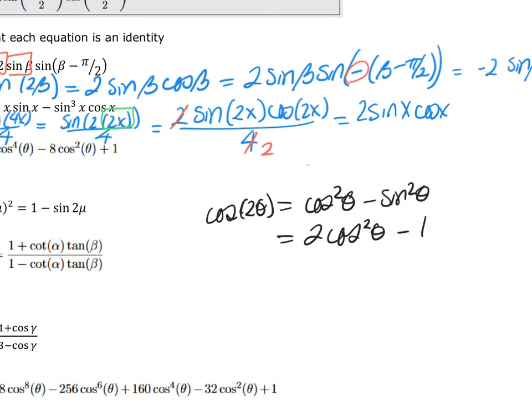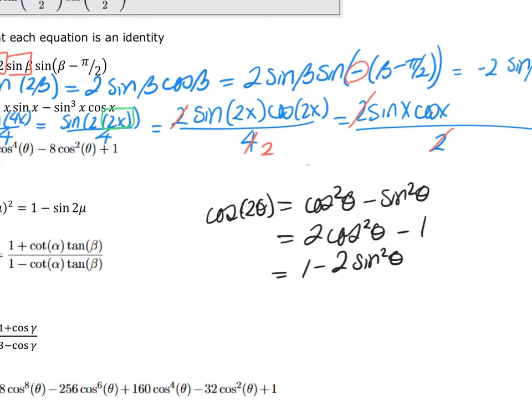And then my third choice is the 1 minus 2 sine squared theta. Those are my 3 choices. Now, I know right now in the denominator I have a 2 still. That is still coming along. And I also know that this 2 out front is going to cancel with that 2.